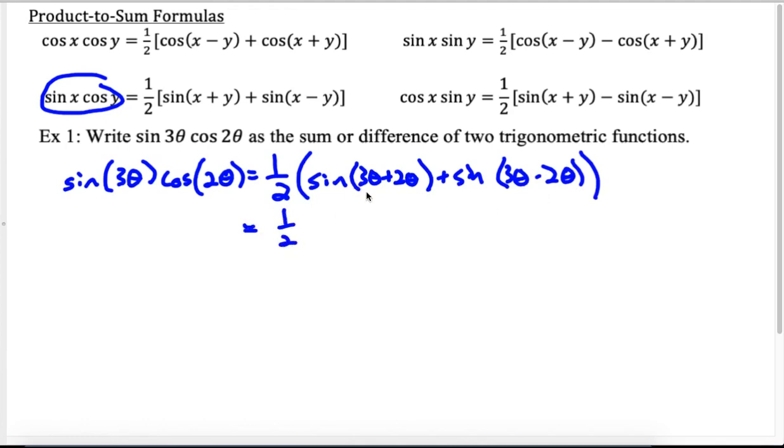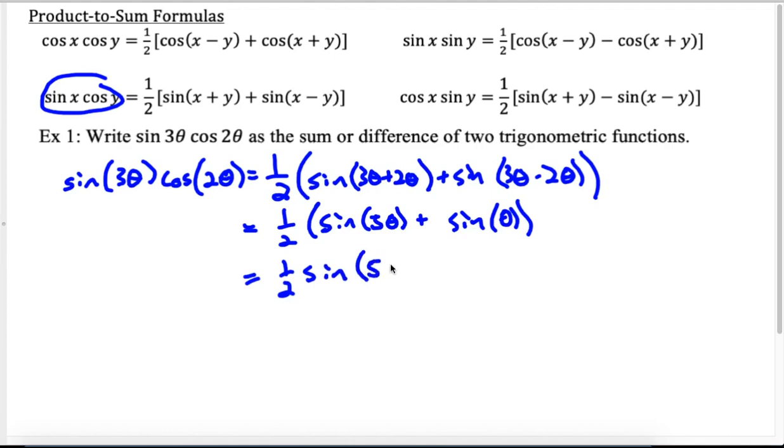Right, so then on the inside here, we'll have sine of 5 theta plus sine of 3 theta minus 2 theta would be 1 theta. And we're essentially done. I could go ahead and distribute that 1/2 through and just say this is 1/2 times the sine of 5 theta plus 1/2 times the sine of 1 theta. And that's it, right? We have successfully written this product as the sum of two trig functions, okay?